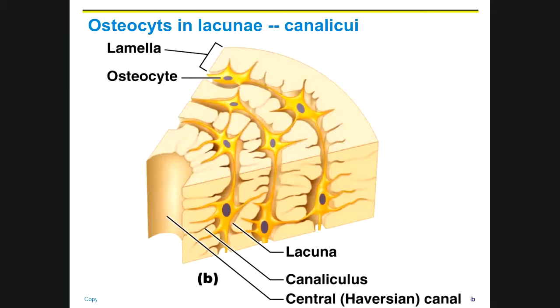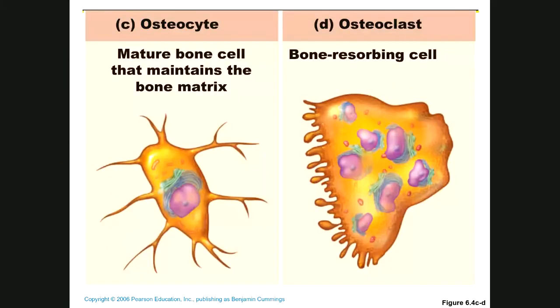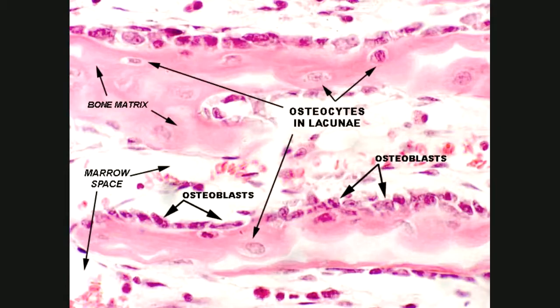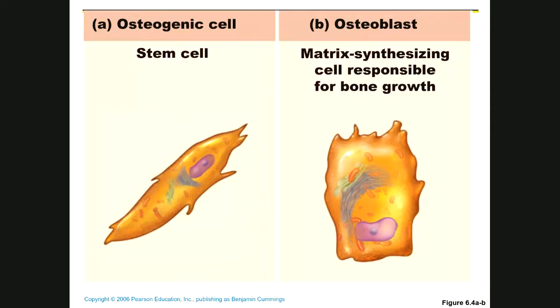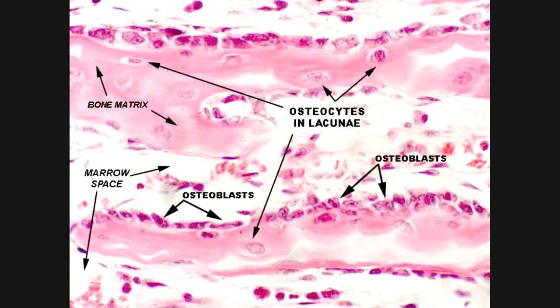So if we go back, remember we had an osteoblast. The osteoblast is going to build the bone. So all of this bone was laid down by osteoblasts. But as they build the bone, some get trapped in the bone. And there's no room for them to build any more bone.